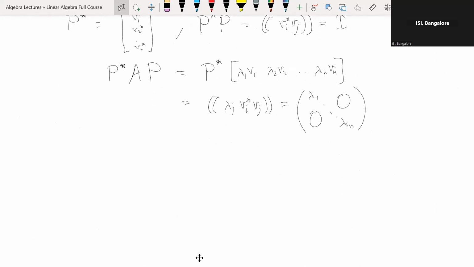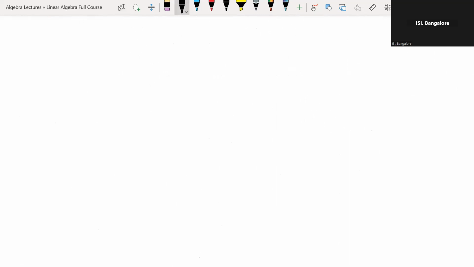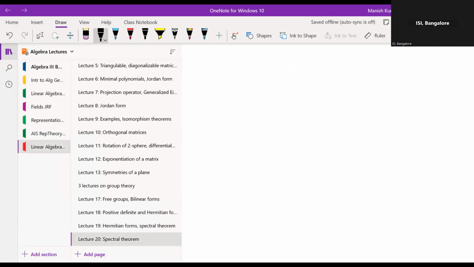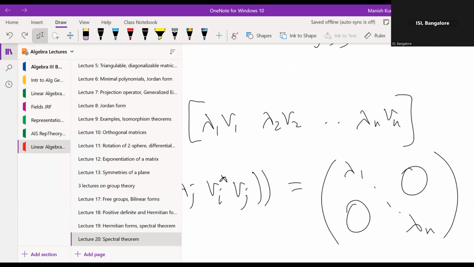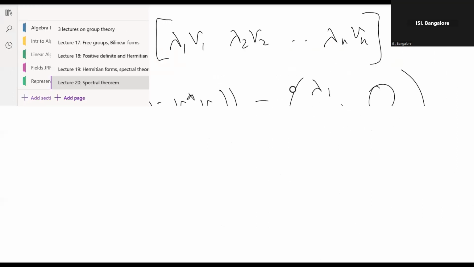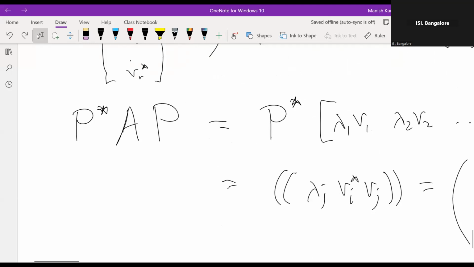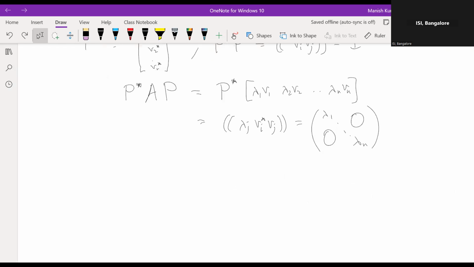So corollary. Let A be a real symmetric matrix.